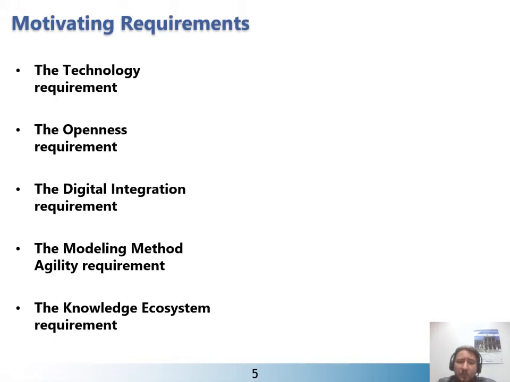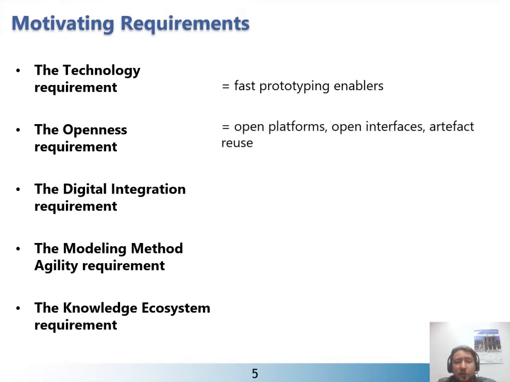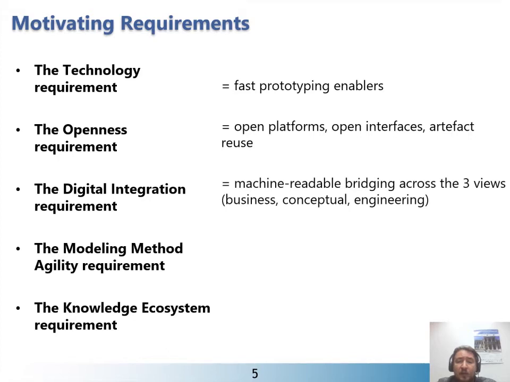They are briefly enumerated here as the technology requirement, meaning a requirement for fast prototyping platforms, the openness requirement, meaning a requirement for open platforms, open interfaces to facilitate artifact reuse, the digital integration requirement, which refers to a requirement for machine-readable bridging across those 3 views, which I remind you are business, conceptual, and engineering.